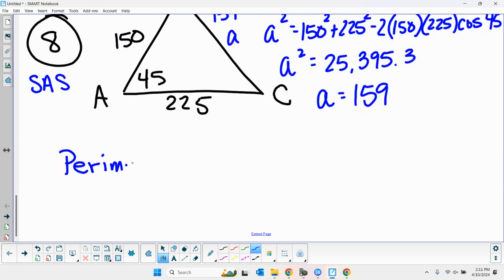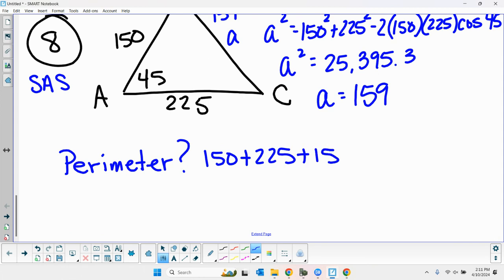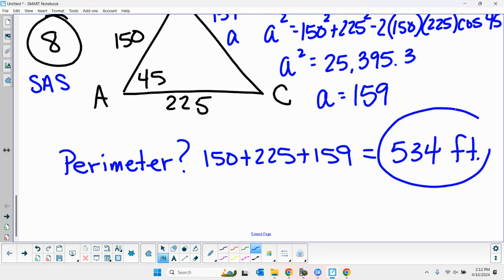There's an extra step here. So 150 plus 225 plus 159 equals 534. And that was feet. Again, I'm not going to worry about the units. We're not going to worry about finding area. We're just going to find perimeter on number 8.